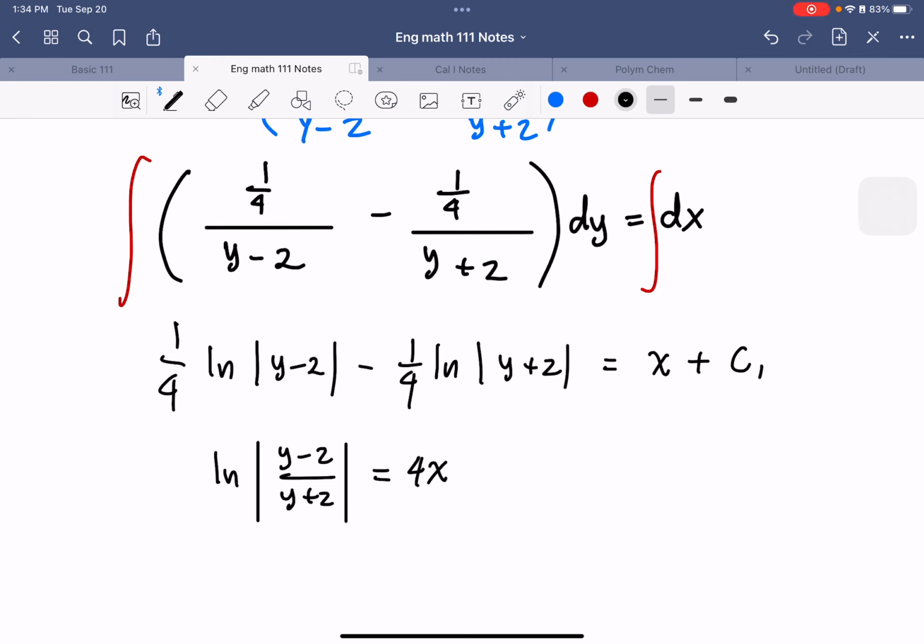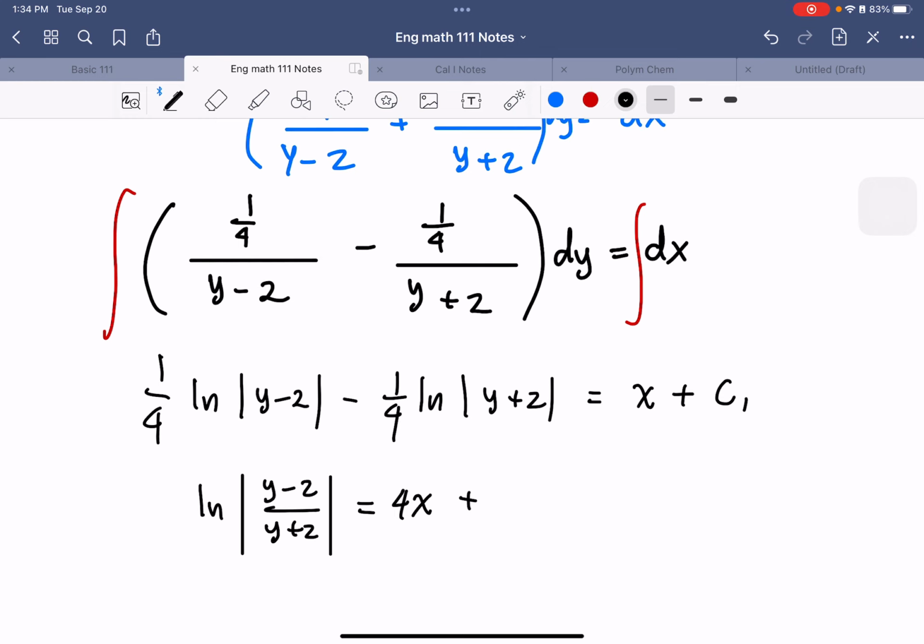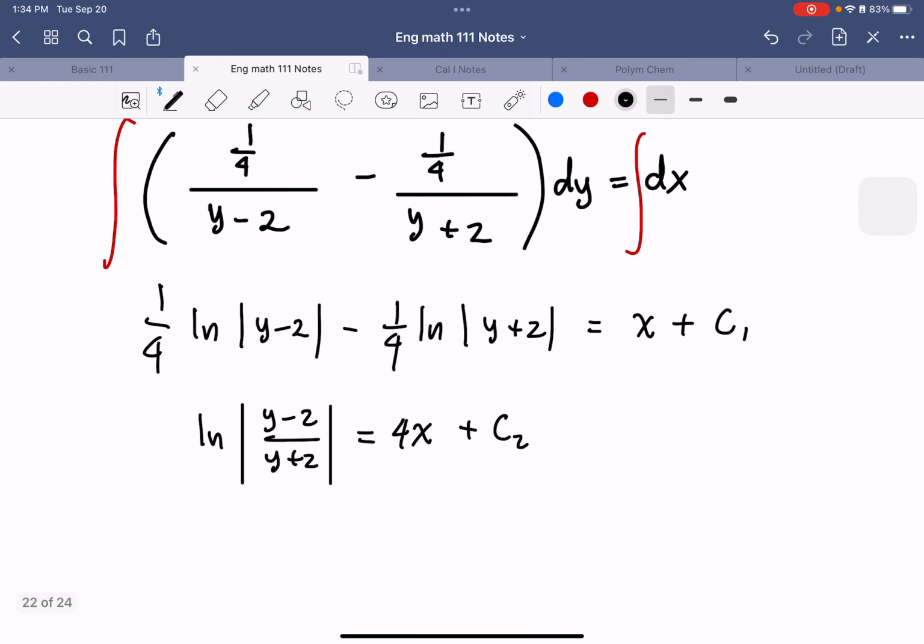And it should be 4C1, but let me just change to another constant, C2, okay? It's the same constant. We don't really care much about the constant during the process. We really care at the end when we find the initial value. Usually we compute the constant. But now let's just say it's C2.